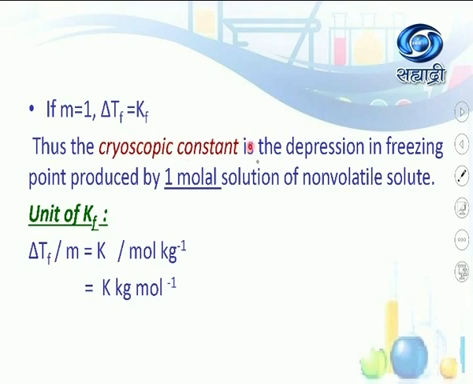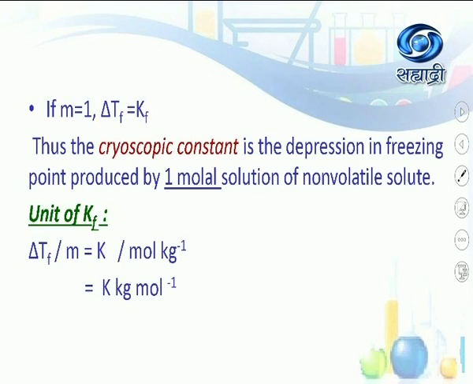Thus, the cryoscopic constant is the depression in the freezing point produced by 1 molal solution of a non-volatile solute. That is, it is the depression in the freezing point produced when 1 mole of a solute dissolves in 1 kilogram mass of a solvent.